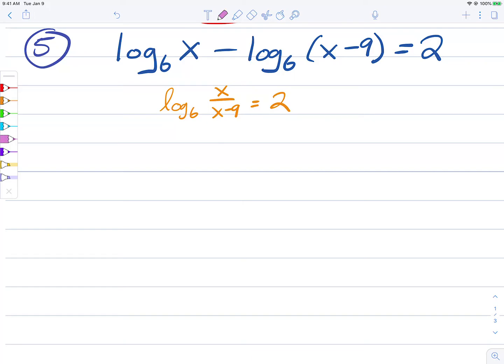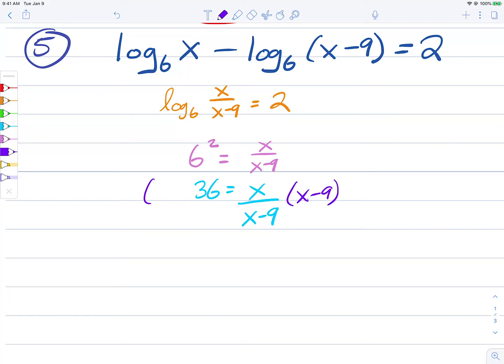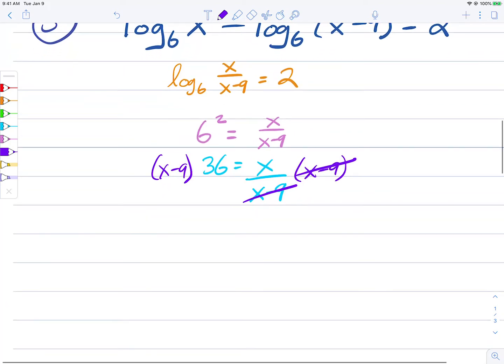So if I change this into an exponential, that would be 6 to the second power equals x over x minus 9. Now 6 to the second power is just 36, so I'm just going to write that as 36. If I have stuff in the denominator of a fraction and I want to get it out of the denominator, I just multiply both sides by that denominator. So I can do that and I can cross them off, which is nice because now I don't have a fraction. And I'm actually going to distribute on this side.